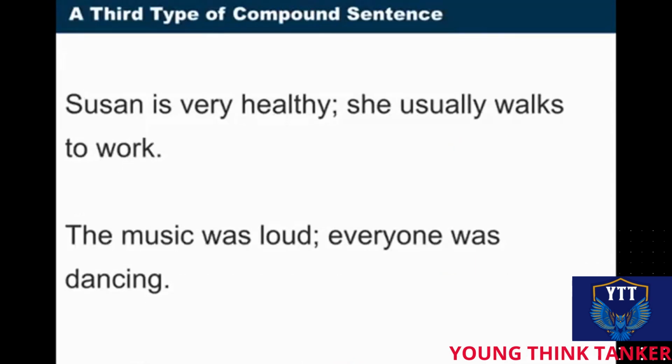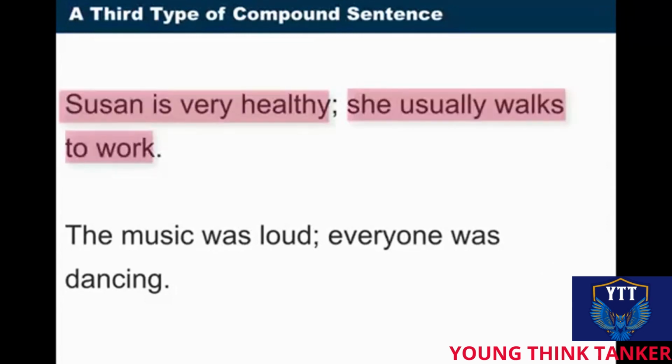There is one other type of compound sentence that you might use occasionally. In this type of compound sentence, we only use a semicolon to join two sentences. Look at the first example. Susan is very healthy; she usually walks to work. Notice that these two sentences are very closely related, and we kind of have the meaning of and here.